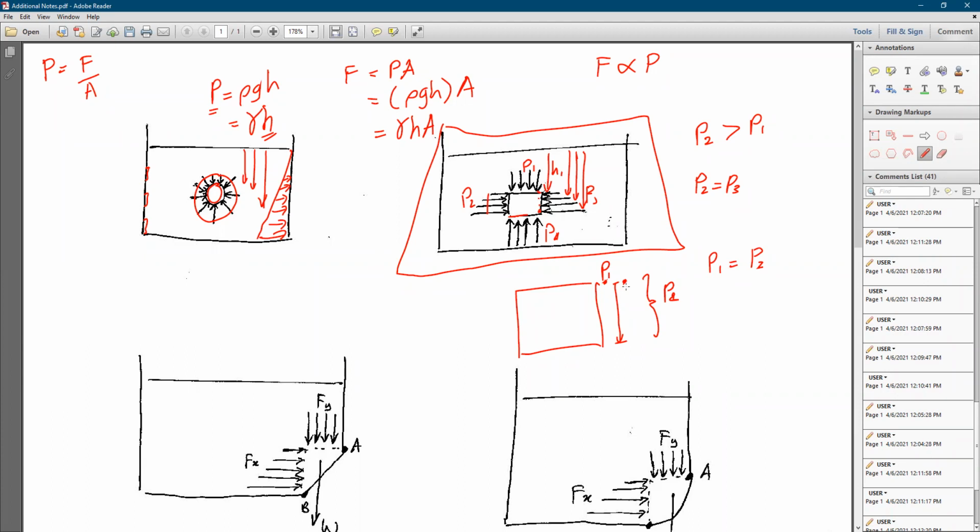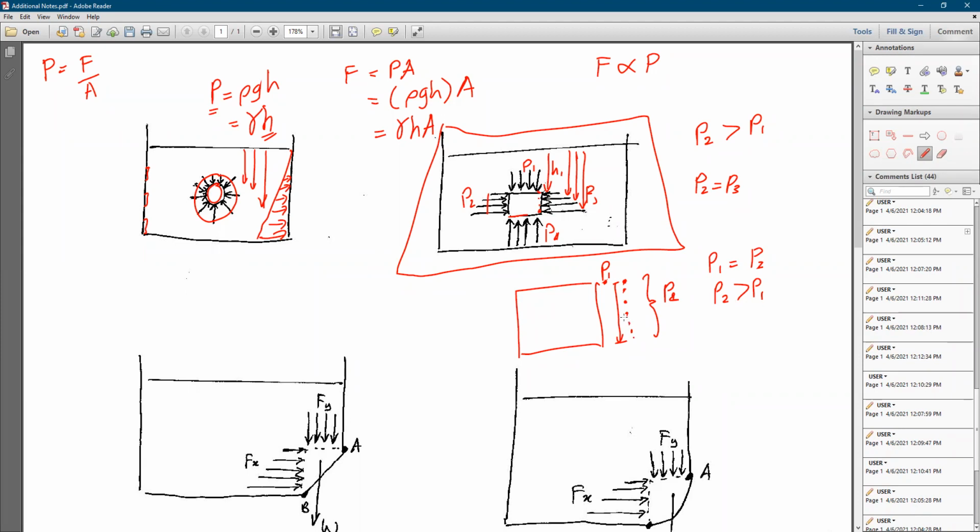But if you move slightly downwards, now you can see that P2 is higher than P1. Further down, of course, it becomes much higher.